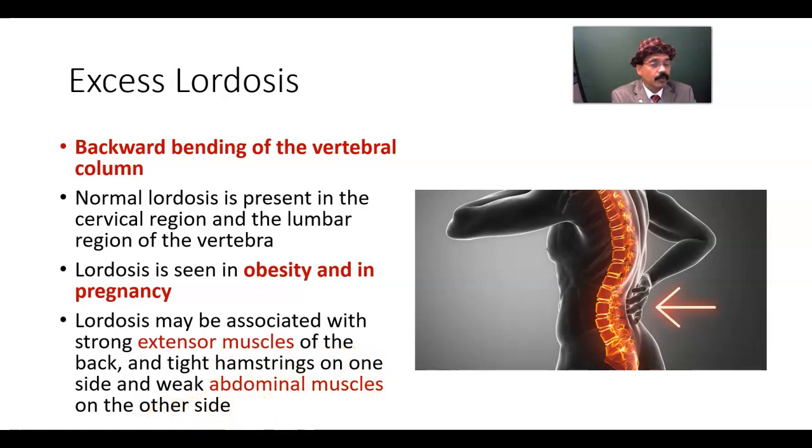On the other side, the counterparts, the abdominal muscles, are weak. So strong extensor muscles like erector spinae and weak abdominal muscles like external oblique and internal oblique. So there may be a chance of lordosis because of overactivity of the extensor muscles.